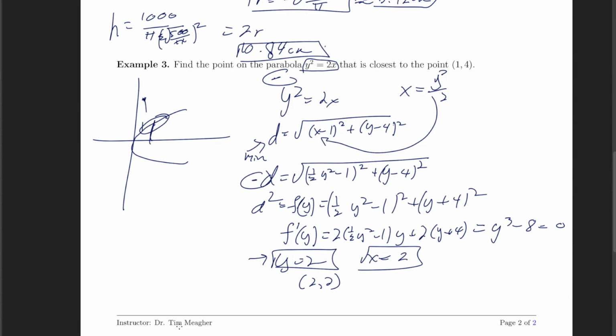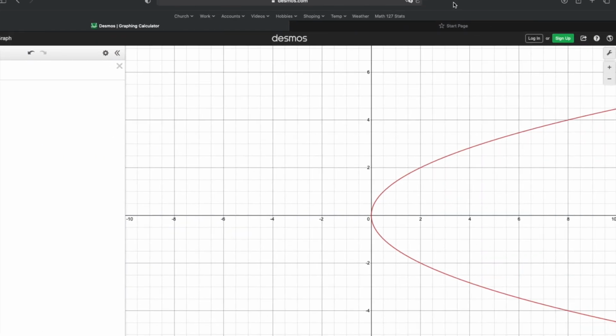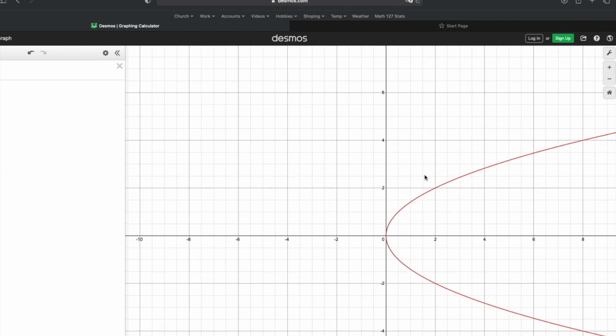And so here we've determined the closest point. Does that match our observation? Sure, let's look here. If I'm here, and I go to (2, 2), that's a basic, straightforward straight line.